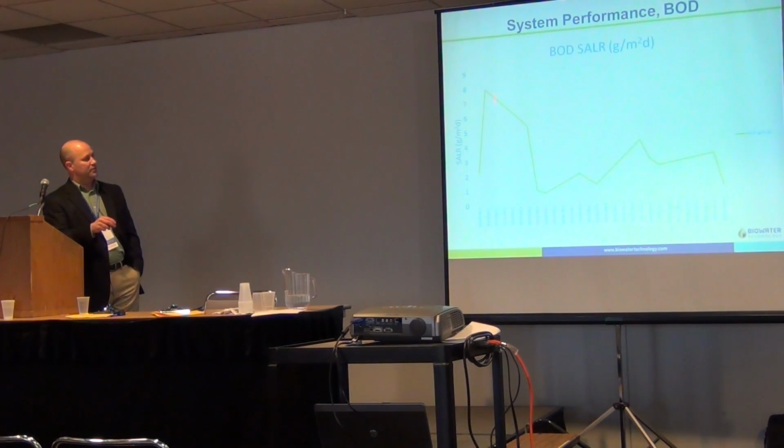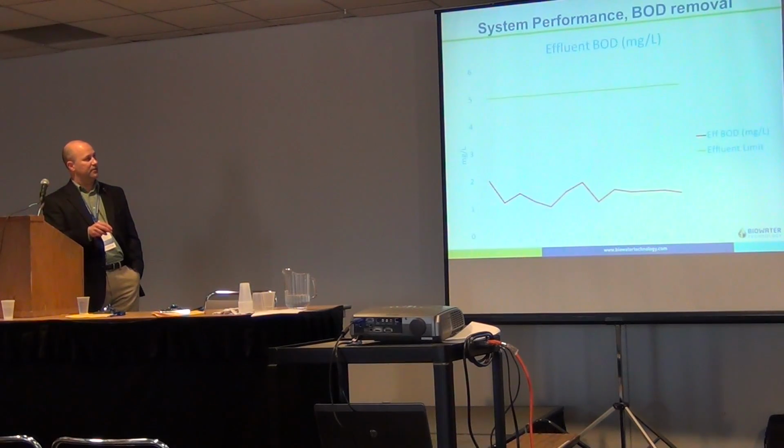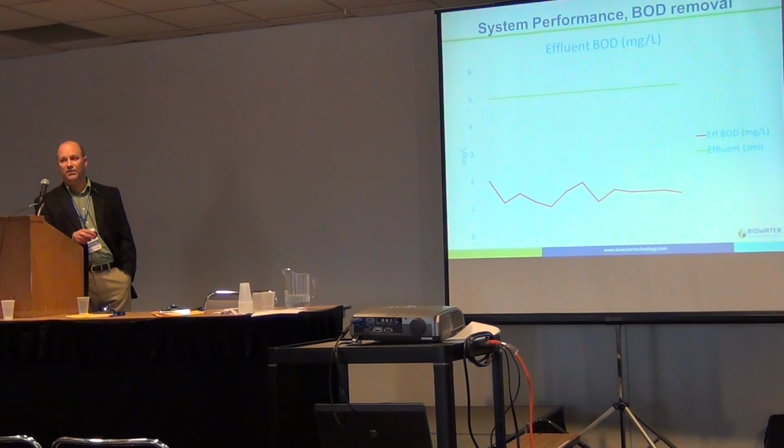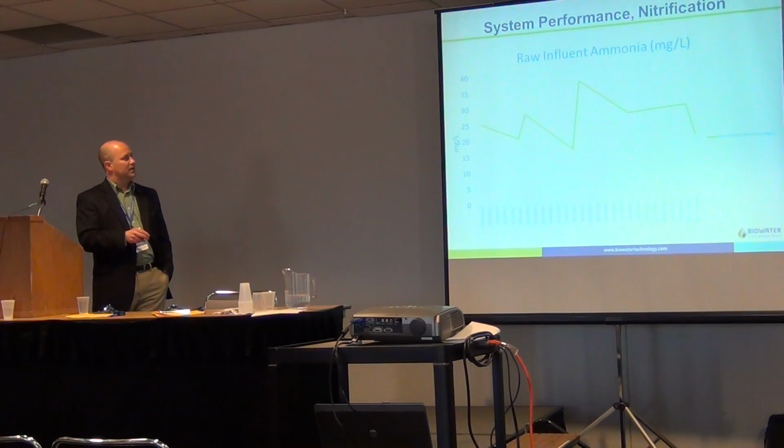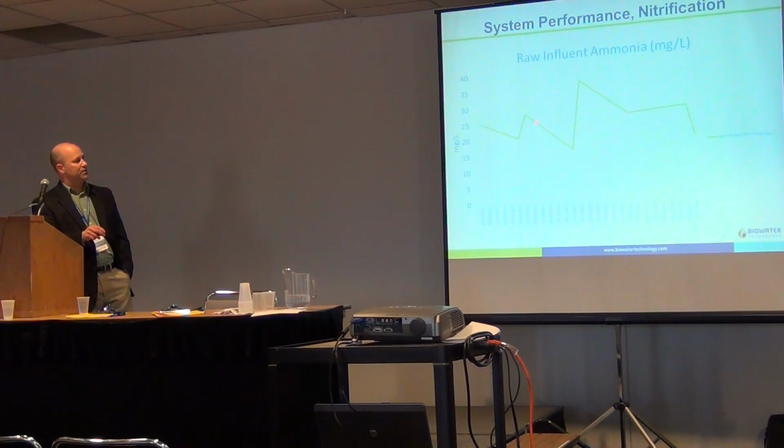So if we go back here, we look at this variable load coming in, variable surface area loading rate, and we look at the effluent. This is their discharge effluent limit of 5 milligrams per liter, and you can see they're consistently well below that. Same thing with ammonia. With the fruit processor, there's some ammonia coming in, not as much as when the school comes online.